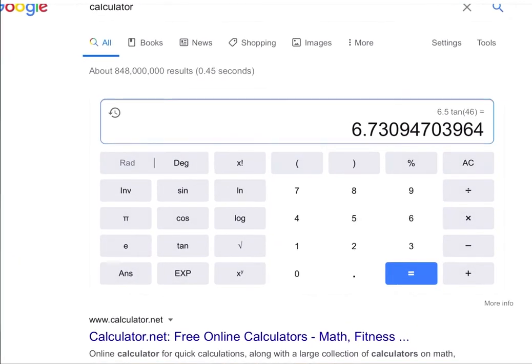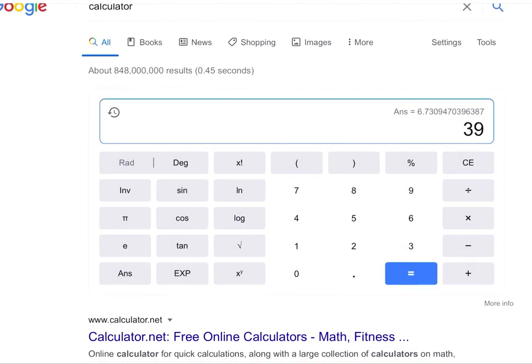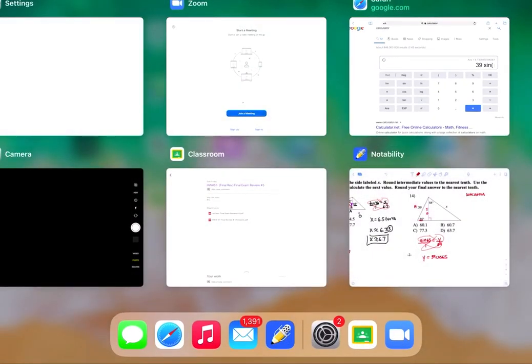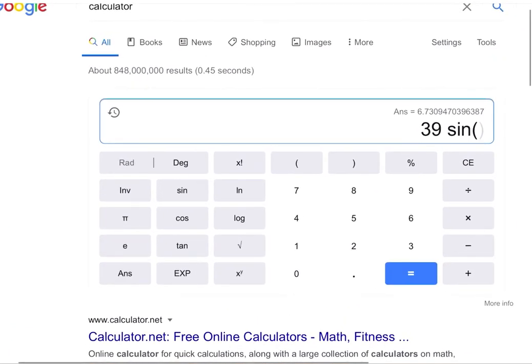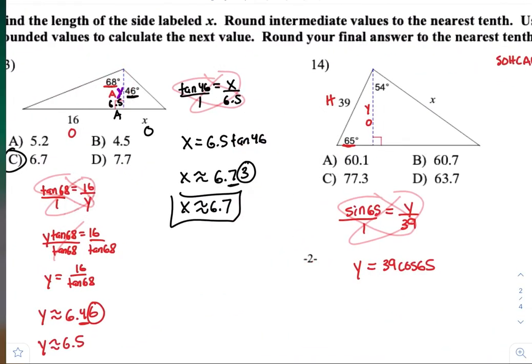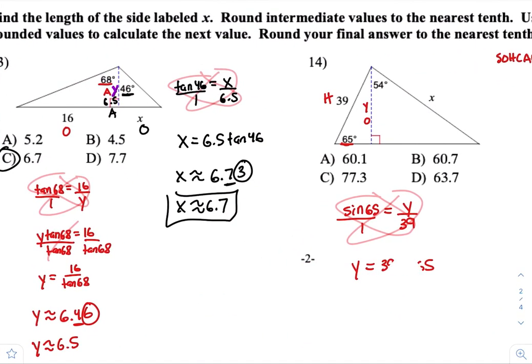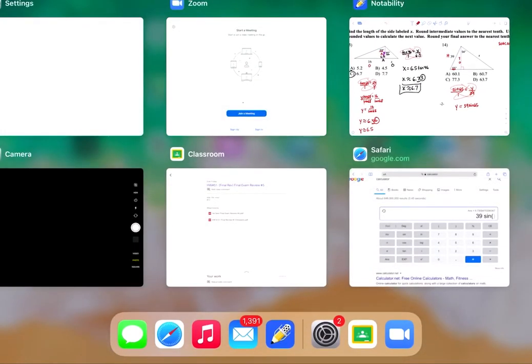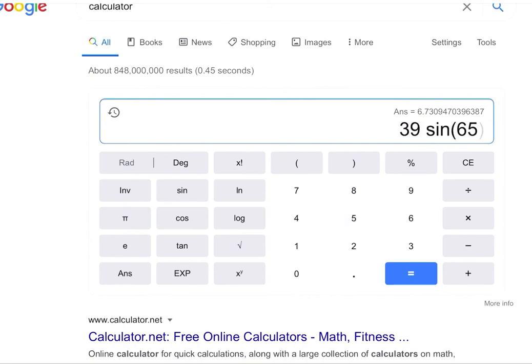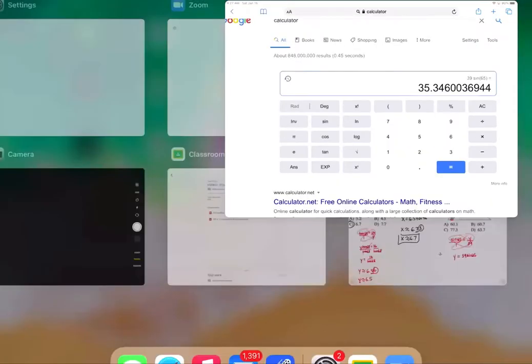Put that in your calculator. 39 sine of, my gosh, my memory is so bad. I wrote cosine by mistake. 39 sine of 65. So 39 sine of 65, 35.34.